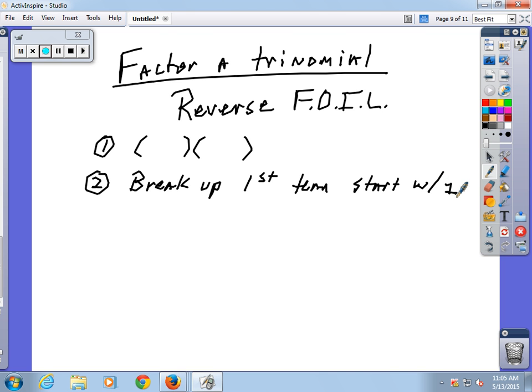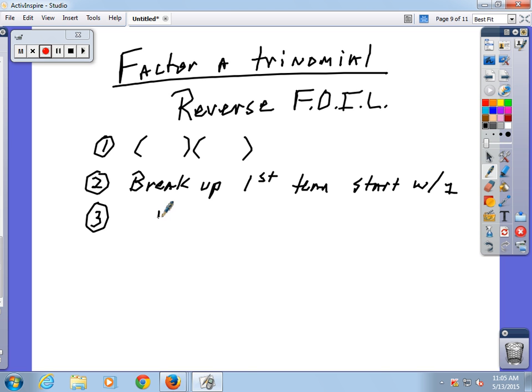Now the reason you have to start with 1 is because there are some teachers that will put some weird trinomials on a test, and they will say use the reverse FOIL or factor or whatever, and you'll just sit there and you'll use 6 times 9 all day long, and the answer is really 1 times 6 total. So always start with 1 because teachers do that. I don't, but some teachers do.